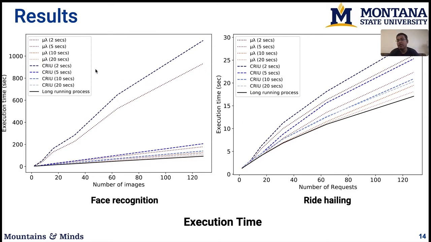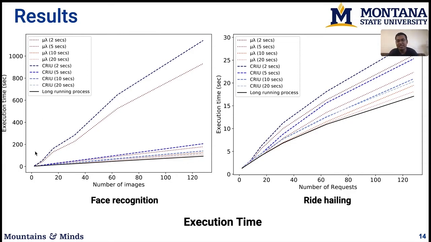Here we compare micro lambda with CRIU for different R limits with the long running process. You can see that the long running process has very low execution time, because it doesn't save any checkpoint, and it doesn't need to stop, rerun again, or migrate. The long running process doesn't do this, but CRIU and micro lambda do.